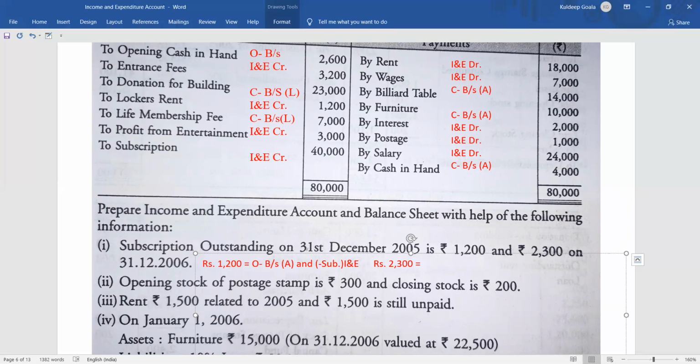First of all, it will come in the closing balance sheet. Why? Because this amount of money is outstanding for the current year. So it will be coming in the closing balance sheet asset side. This amount of money we are supposed to receive, so it will come in the closing balance sheet.